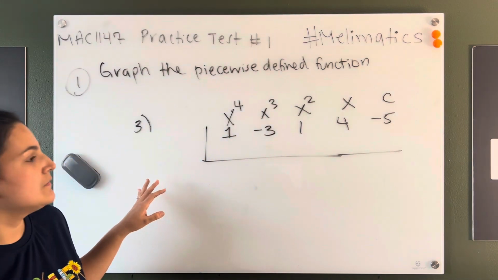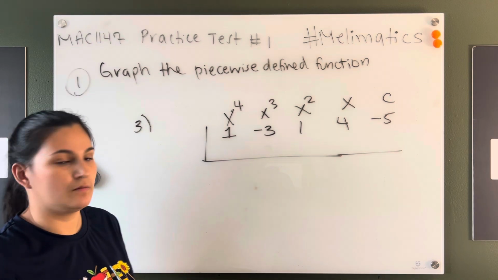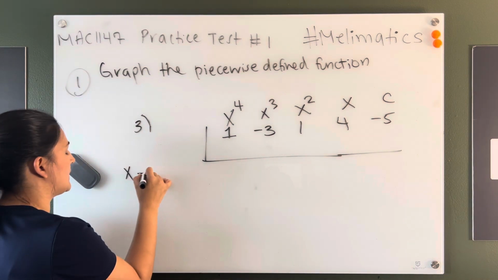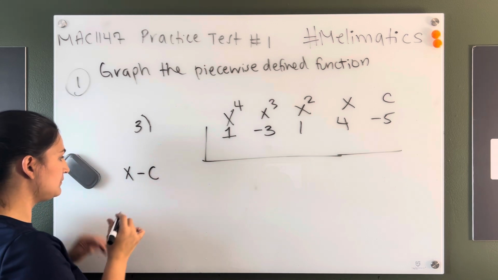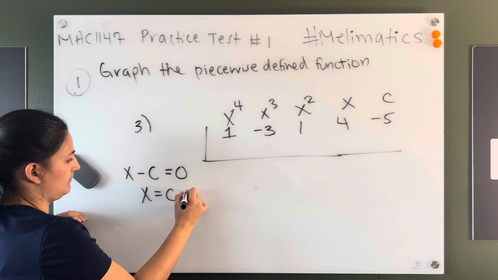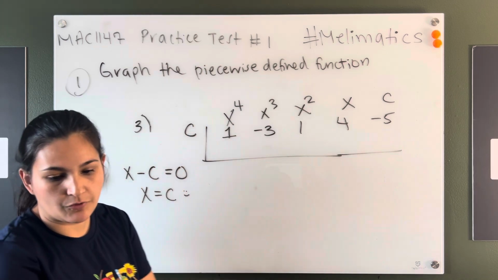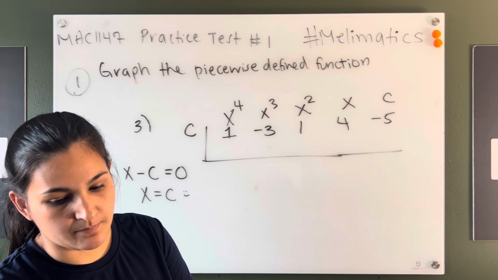Alright, so synthetic division is used when you have a divisor that's x minus c, right? So when you have a divisor that's x minus c, you set it equal to 0 and you solve for c. Okay, and that's the c that you put over here that you're going to divide by. So for number 3b, I should have put x minus 2.